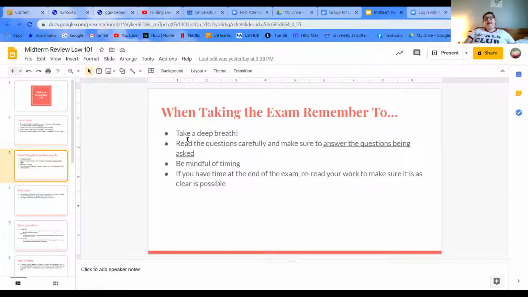And also, especially with the essay questions, read the questions very carefully and make sure to answer the question that's actually being asked. I think sometimes, especially when we're under time pressure, we just try and put everything we remember down on the paper, and that's not really what we need to do here. Just be specific about the question being asked, and once you feel that you've answered it, stop writing.